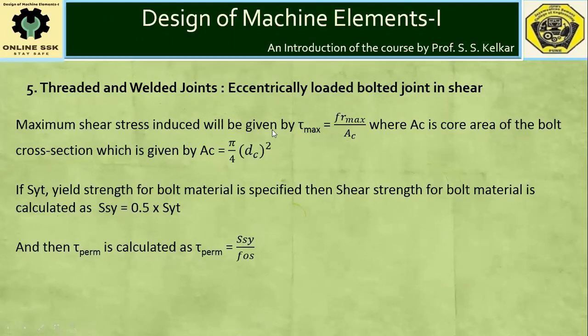When this induced maximum shear stress is equated with the permissible shear stress, AC, the core cross section area, will be the unknown that is found out. Once we know the value of AC, using this core cross section area, we can determine the value of DC, the core diameter.